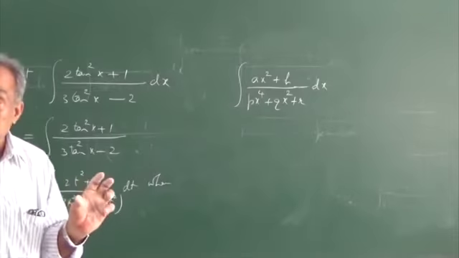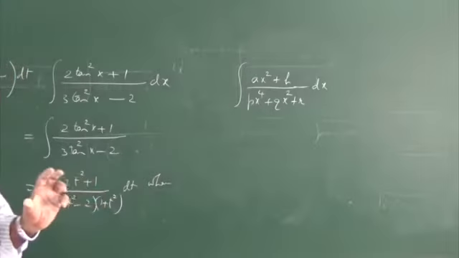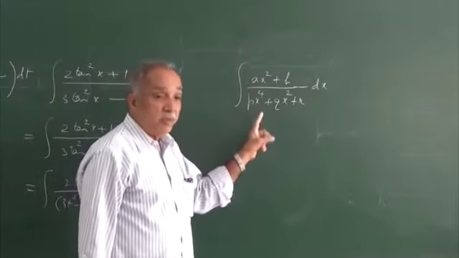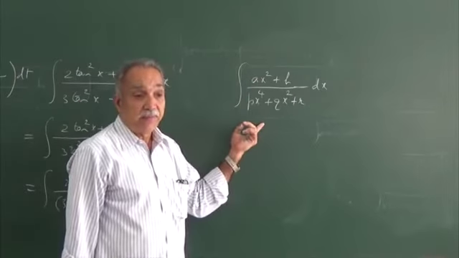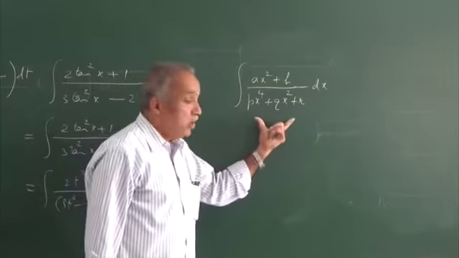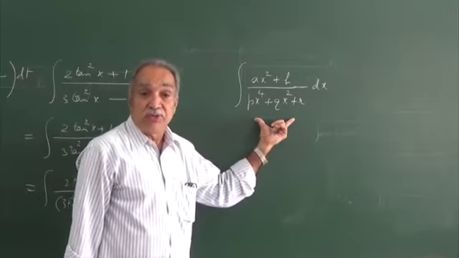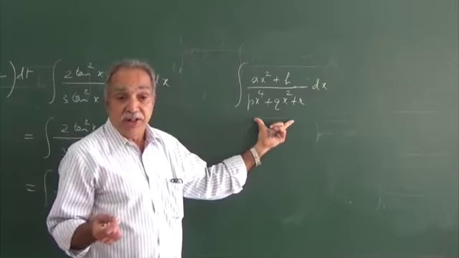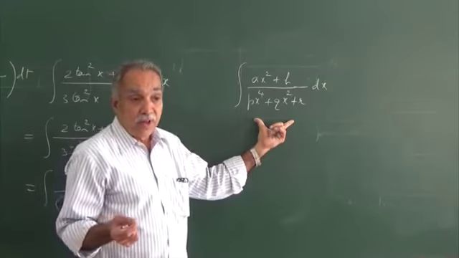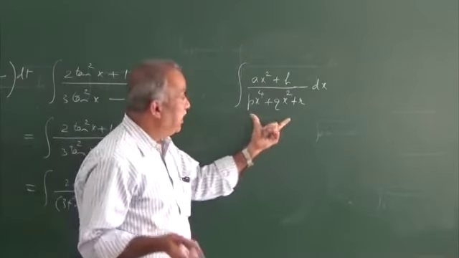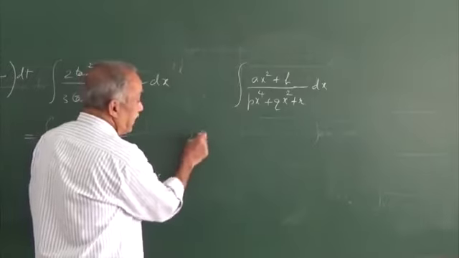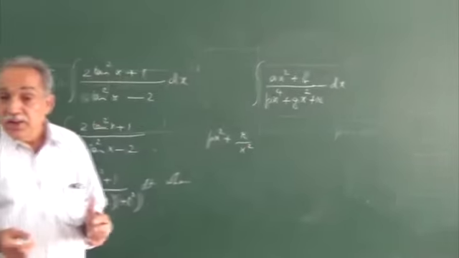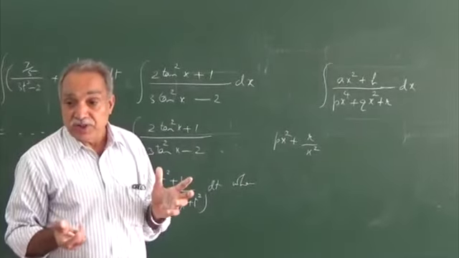A most suitable method to handle an integral of this type is to divide numerator and denominator by x². Notice that the denominator will become an expression of the form px² + q + r/x². Among the terms of the denominator, px² + r/x², this sum is expressible in two ways.